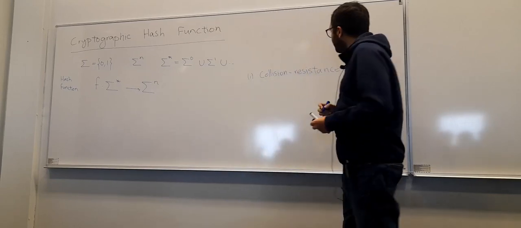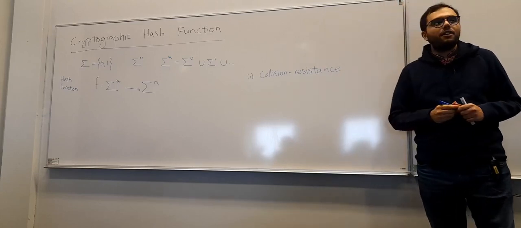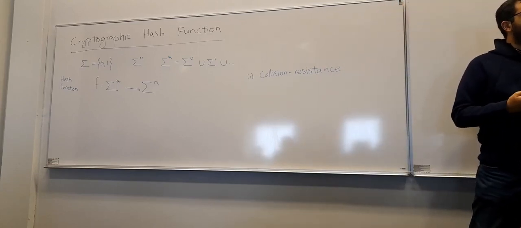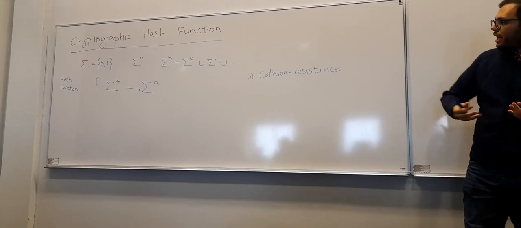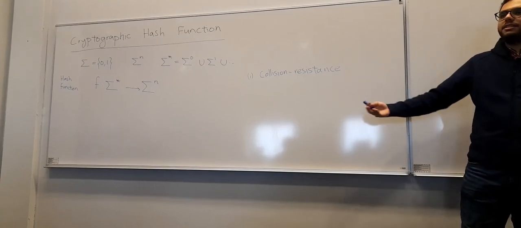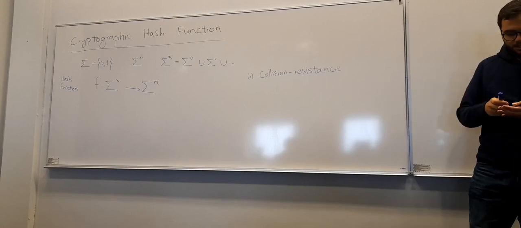And what this means is that I want it to be hard to find two different values or two different strings that when I apply the hash function to them, I get the same hash value. Okay?